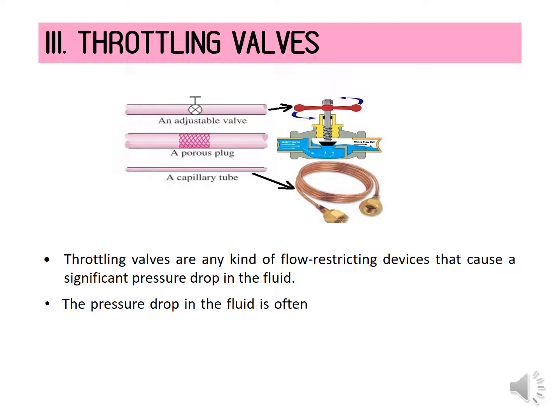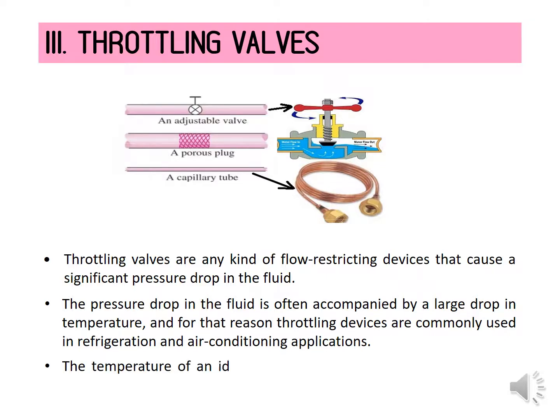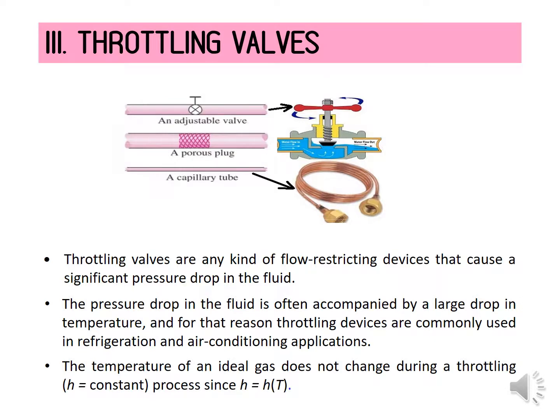The pressure drop is often accompanied by a large drop in temperature, and for that reason, throttling devices are commonly used in refrigeration and air conditioning applications. The temperature of an ideal gas does not change during throttling, and the enthalpy is constant: H equals constant.